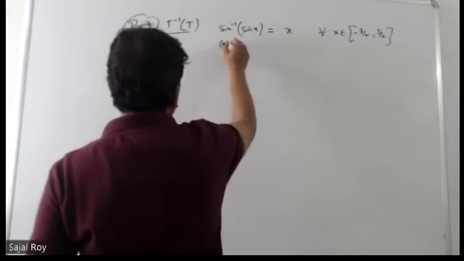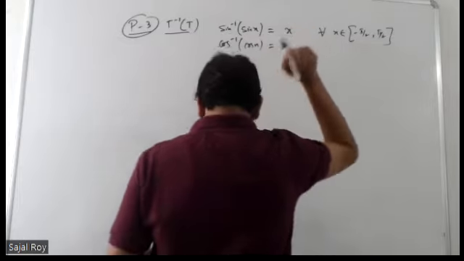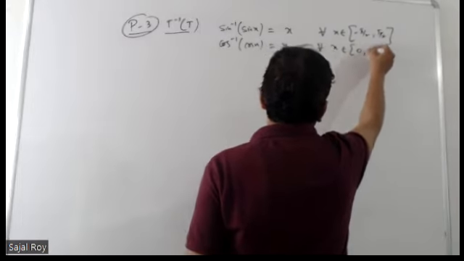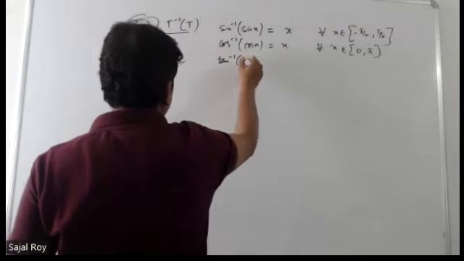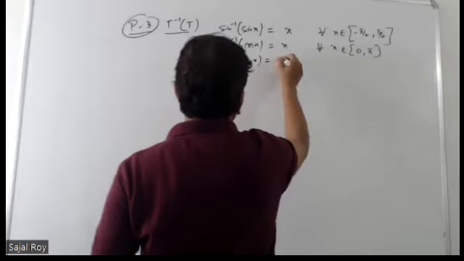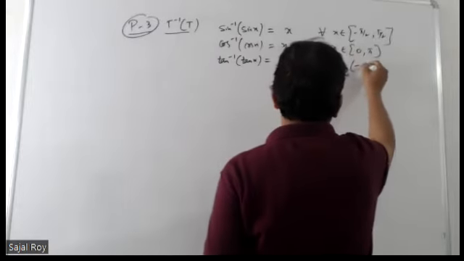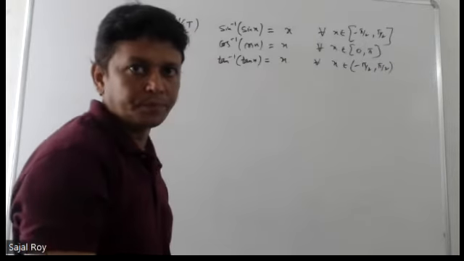Let me write the intervals first. Cos inverse cos x is x, but it's restricted to 0 to pi. And tan inverse tan x is x for all x belongs to -π/2 to π/2.